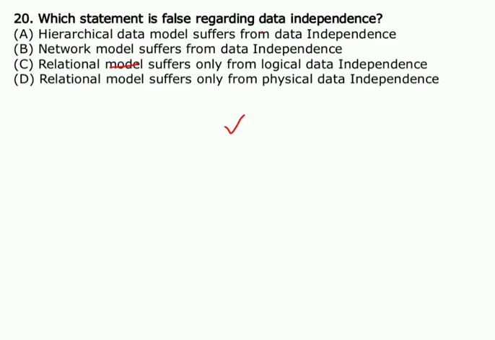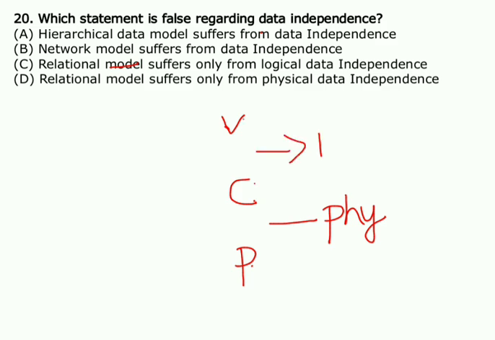Between the physical level and conceptual level, we have the physical data independence, whereas between the view level and the conceptual level, we have the logical data independence.